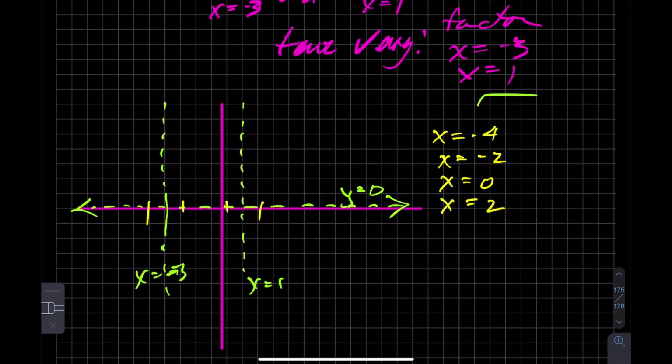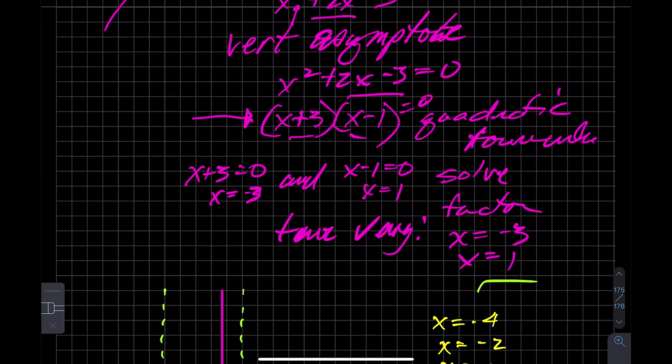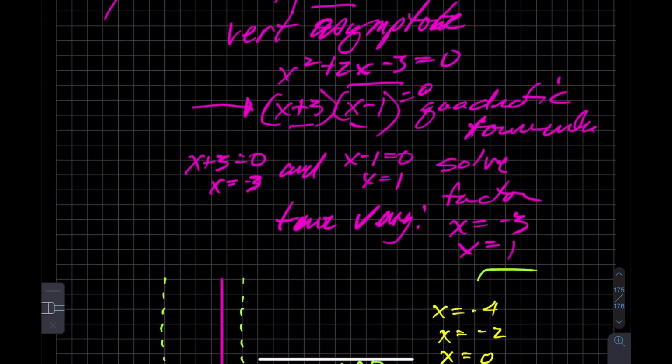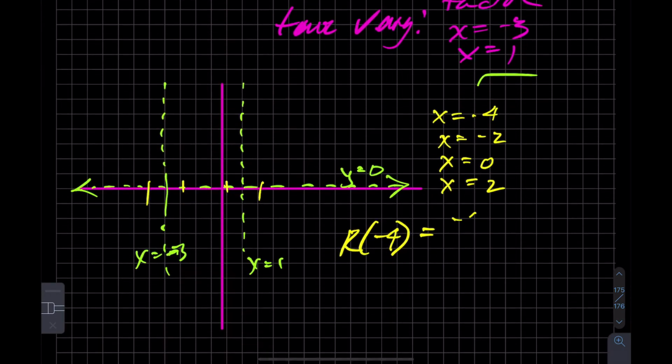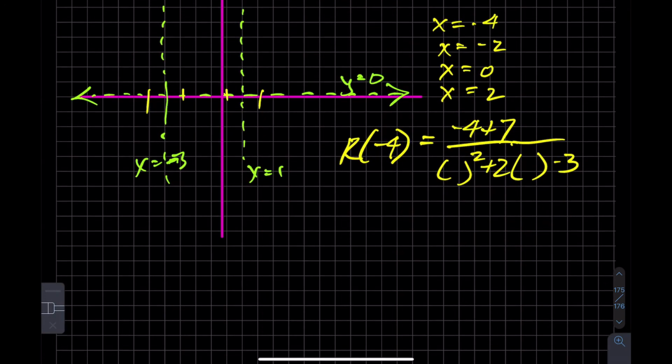So if I substitute those values in, let's do this as quickly as possible. Negative 4. I had x plus 7, so negative 4 plus 7 over x squared plus 2x minus 3. Let's make sure that I got that correct. Okay, so I'm going to put a negative 4 into each of these places.